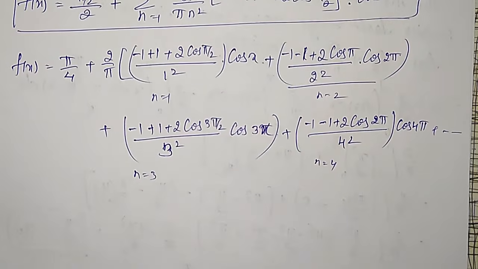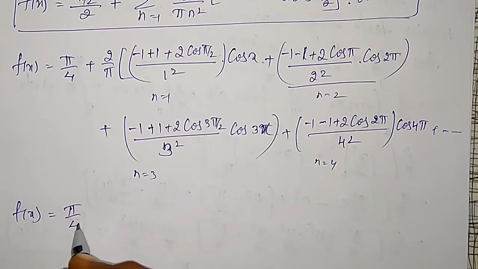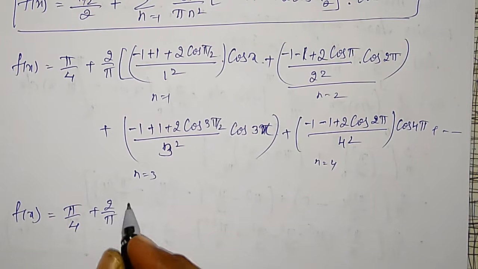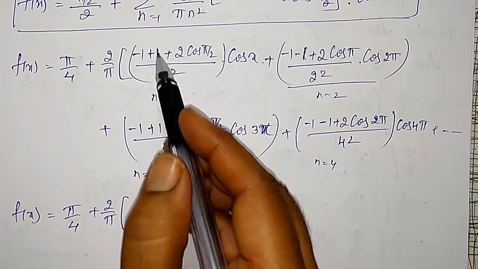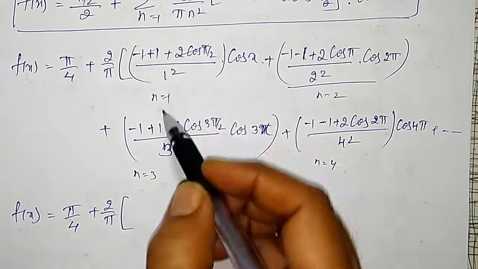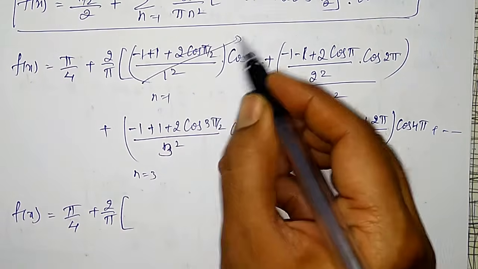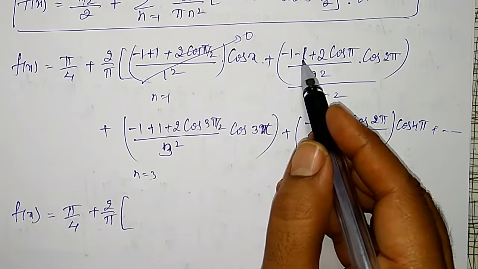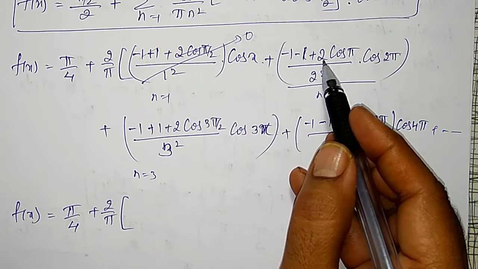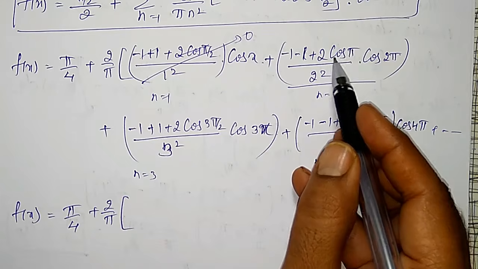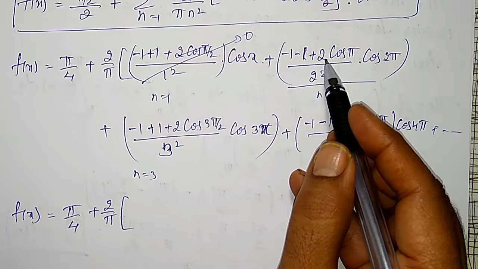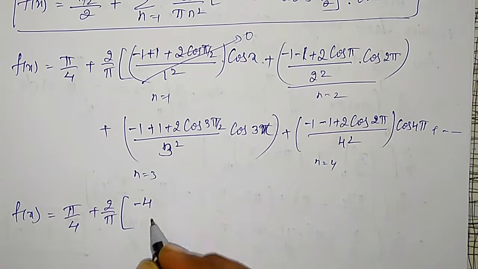Let me simplify this. f of x equal to pi by 4 plus 2 by pi into, plus 1 minus 1 is 0, cos of pi by 2 is also 0. Therefore the first term will become 0. Next term: minus 2, minus 2 times cos pi. Cos pi is minus 1, so that is minus 2, which will become minus 4.